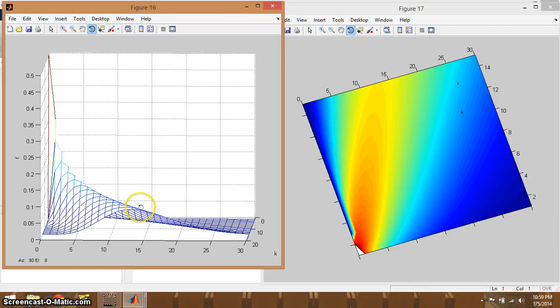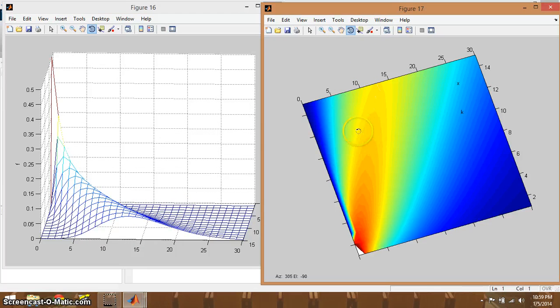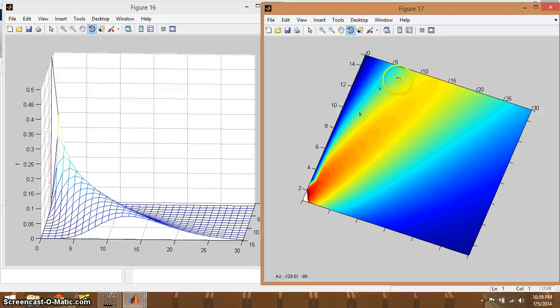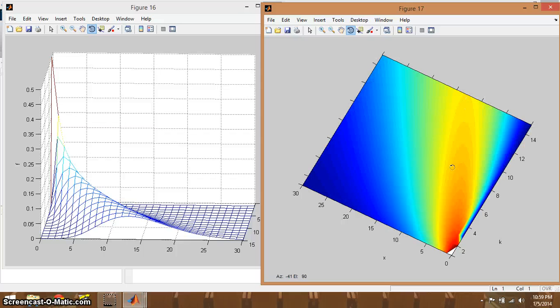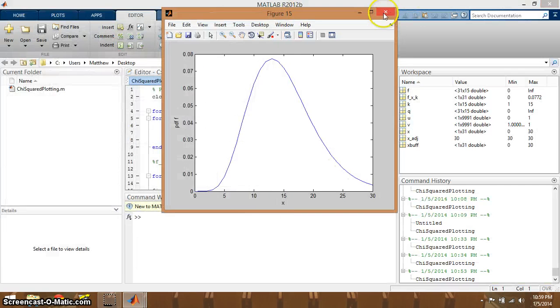That's the shape. Then the right graph is a contour plot of the graph on the left. And the colors on the contour plot don't actually correspond to, I hate this contour plot. I'm going to rerun the code to get a better contour plot.